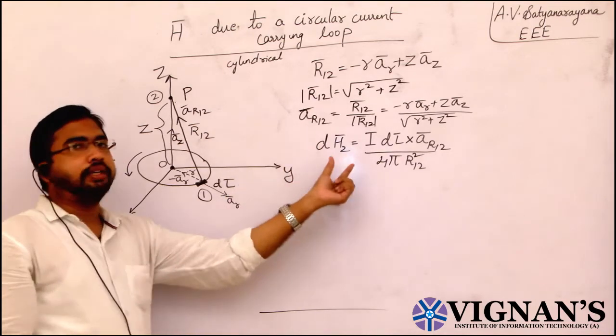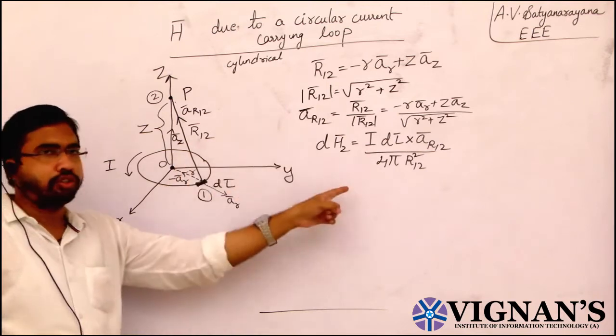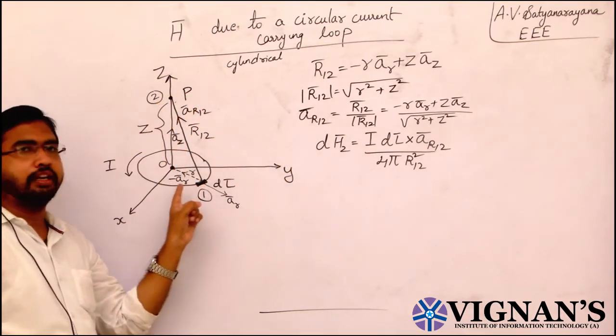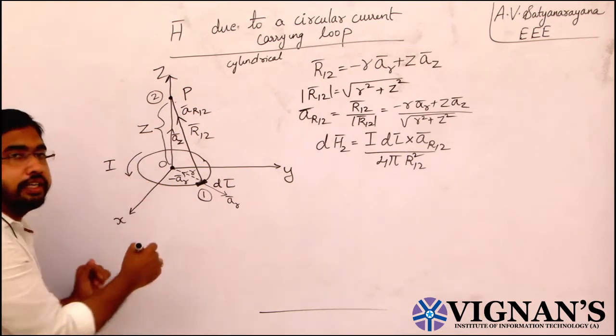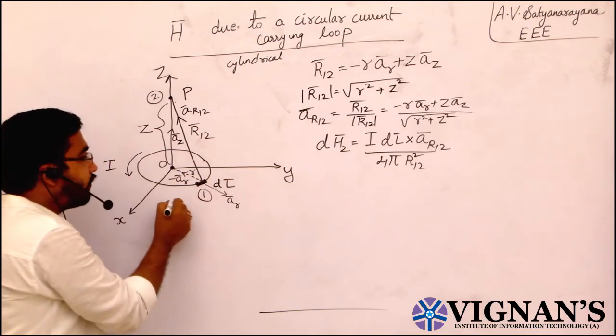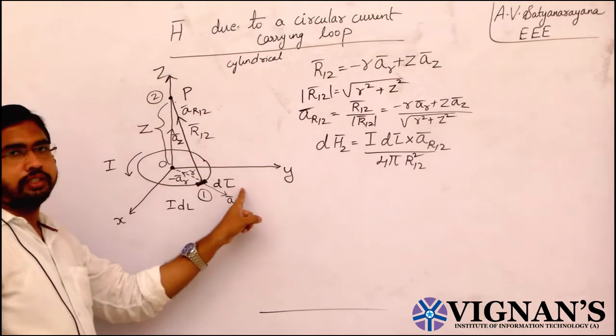Now we need to find the differential magnetic field intensity dH2 at point P due to this differential current element I dl bar. What is the differential current element here? Your differential length is dl bar, your differential current element is I dl, current into that differential length.